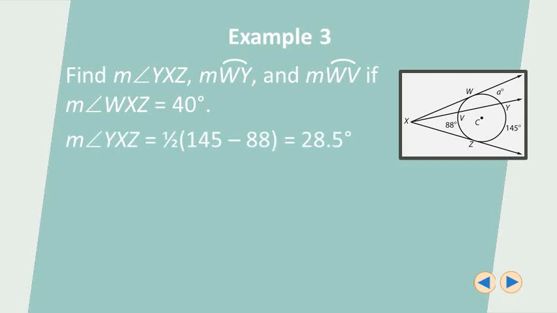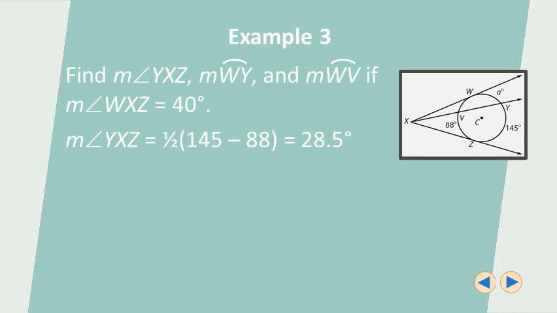So first of all, we take the difference between arc YZ and arc VZ and we divide that by 2 and we come up with angle YXZ being 28.5 degrees. Okay.